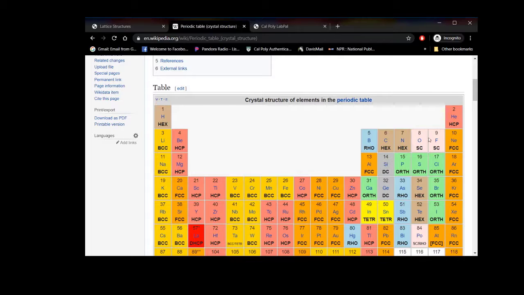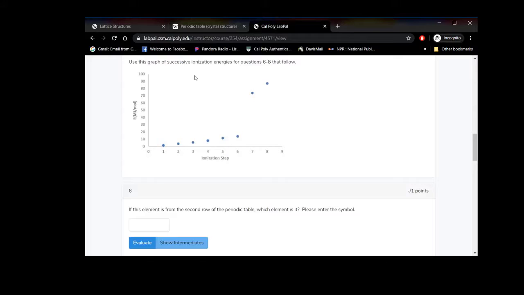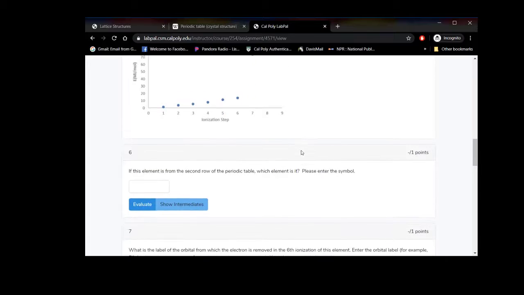I'm going to say mine's oxygen. That's 6 electrons lost before I get to an empty valence and start trying to remove core. So I'd remove those 6, and then I'd see a giant jump up in energy when I start trying to remove the core electrons. I don't know if it changes for second row versus third row, but for the picture I have, I would say oxygen.